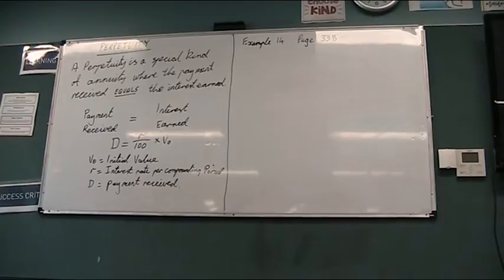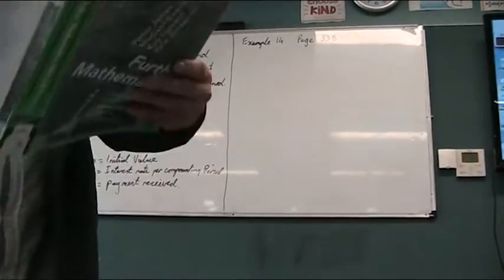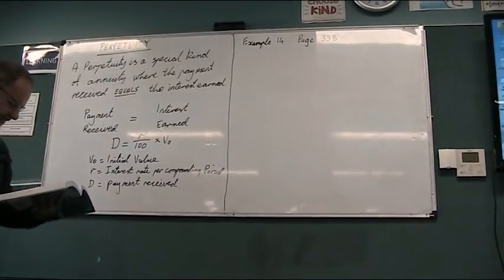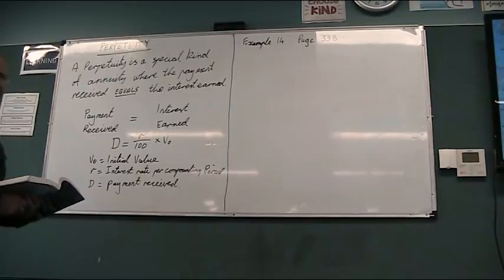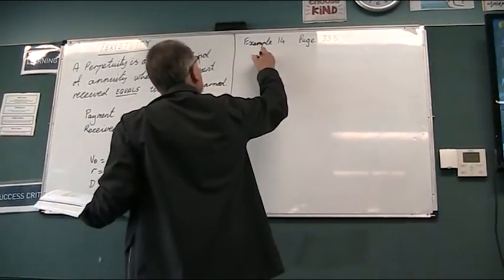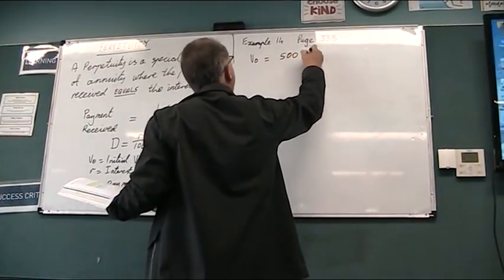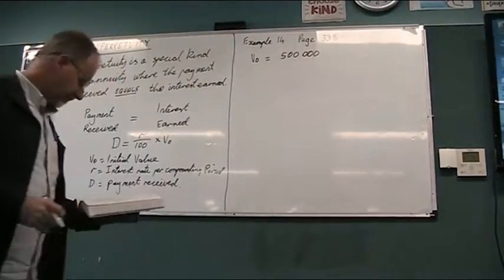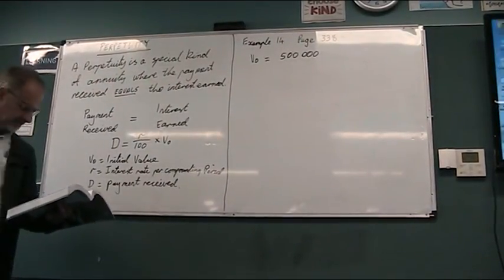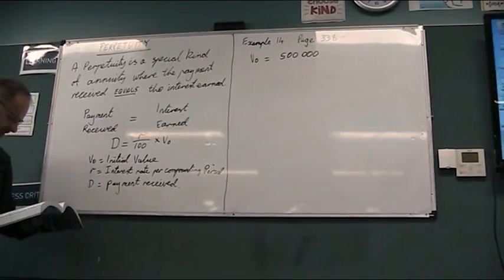Alright, example 14 says Elizabeth invests her superannuation payout of $500,000 into a perpetuity. So as we go, V0 is 500,000. That will provide a monthly income without using any of the initial investment.